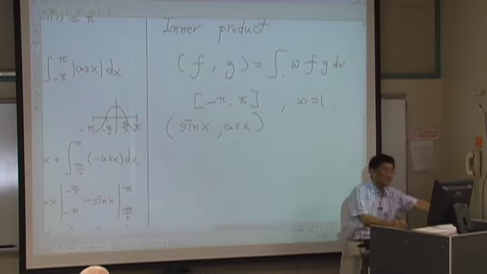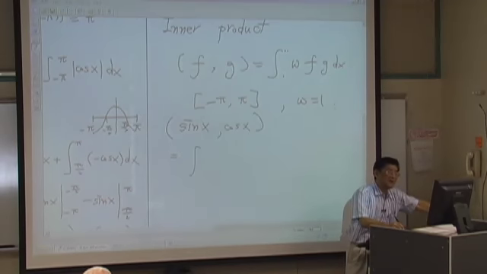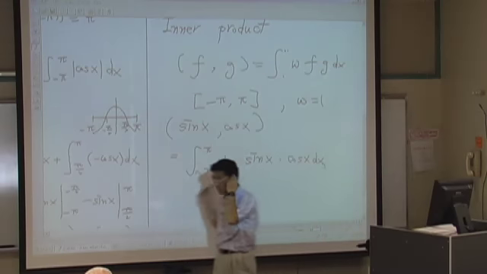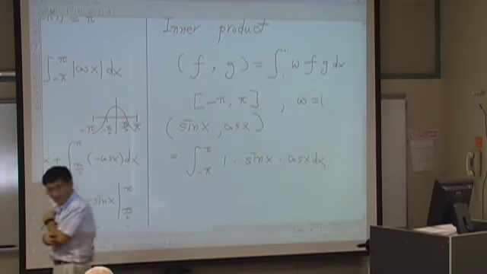Inner product of sine and cosine equals integral from minus pi to pi, weight is 1, and then f is sine, g is cosine, dx. Right? This is the definition of the inner product of two functions.